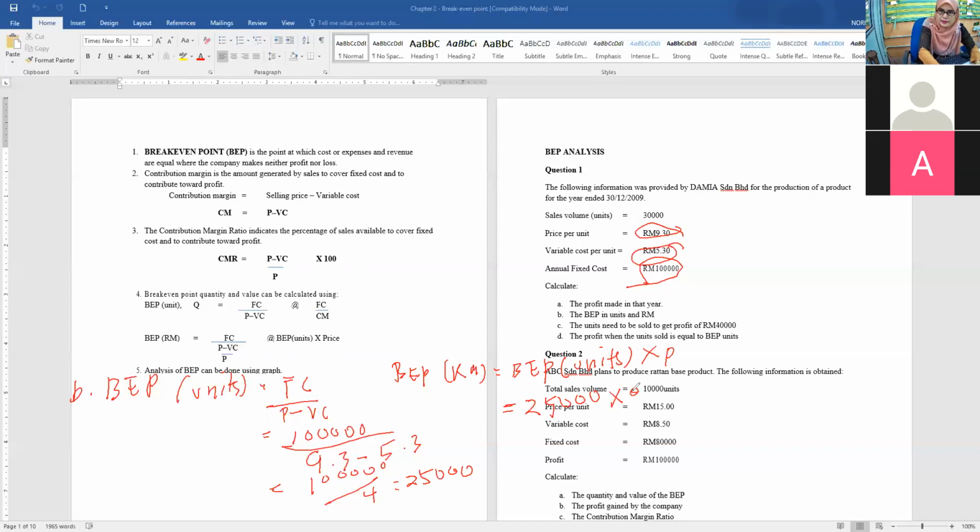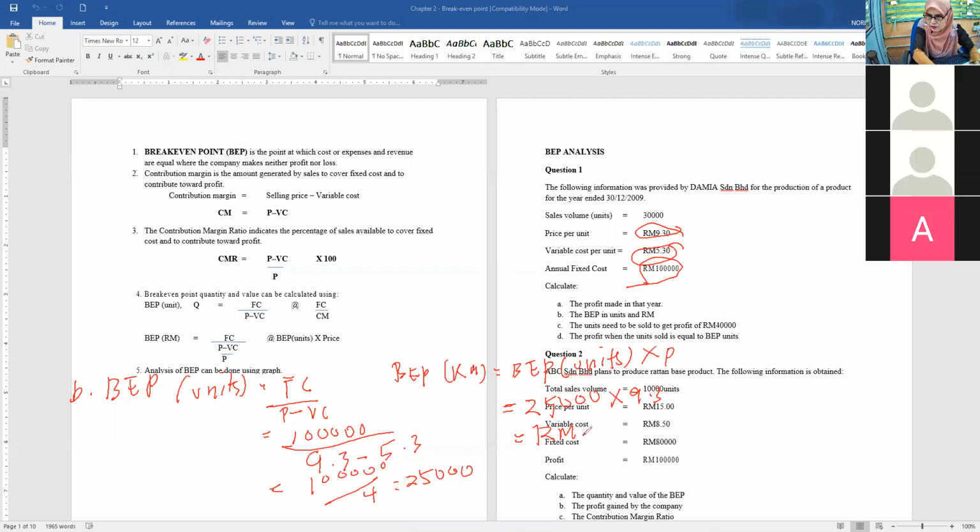Price is 9.3. So 25,000 times 9.3, you will get 232,500. Any question so far?